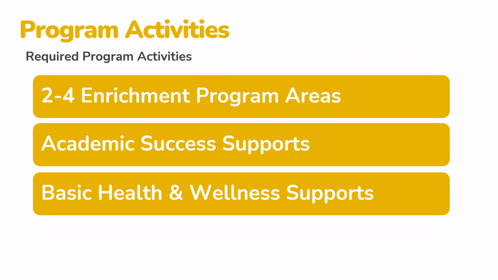So there should be 2 to 4 enrichment areas embedded into program design. Additionally, there are these academic success supports that are expected and required for program activities. And then there's a basic health and wellness support that are also embedded as part of programming. Next slide.